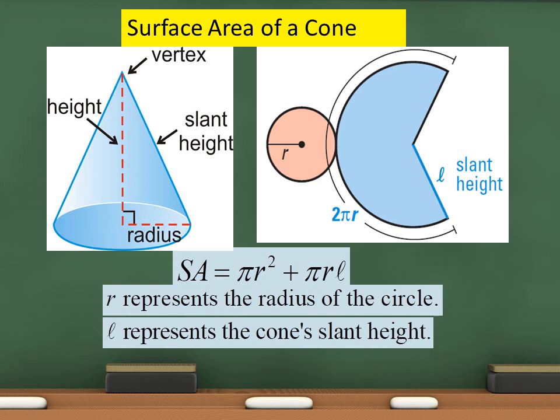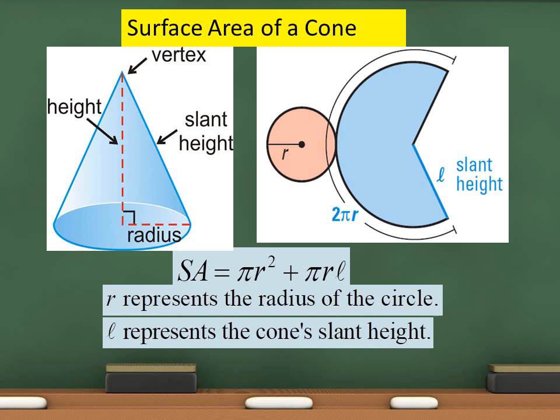This is the r that we are referring to, the radius of the base. And then the slant height forms the radius of the bigger circle from which the curved surface was formed. Remember we said this curved surface formed from a larger circle that is a sector. So the radius of that circle that forms the curved surface of the cone is the L.